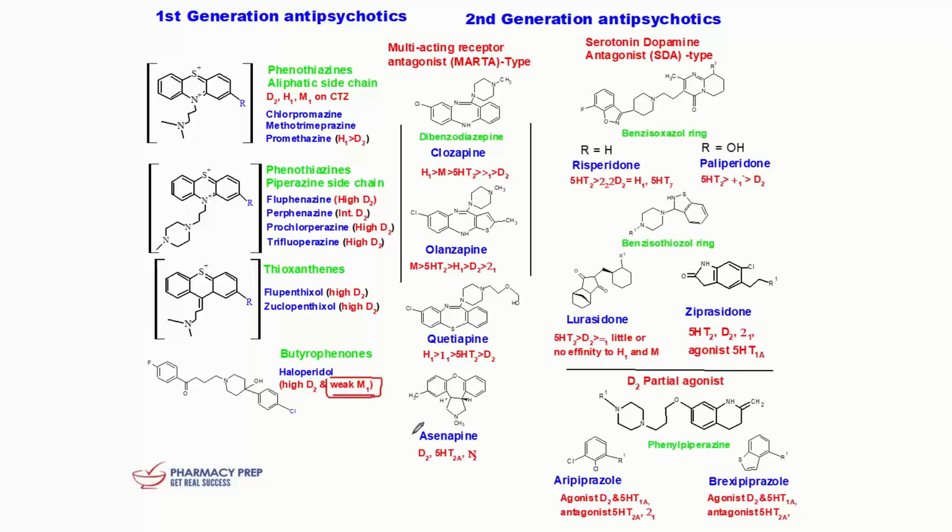Second-generation drugs generally have higher muscarinic activity compared to haloperidol. That's why the anticholinergic side effects that come with antagonism of muscarinic receptors are less common with haloperidol.